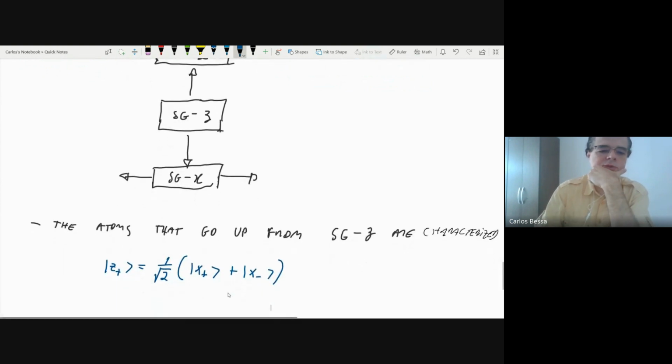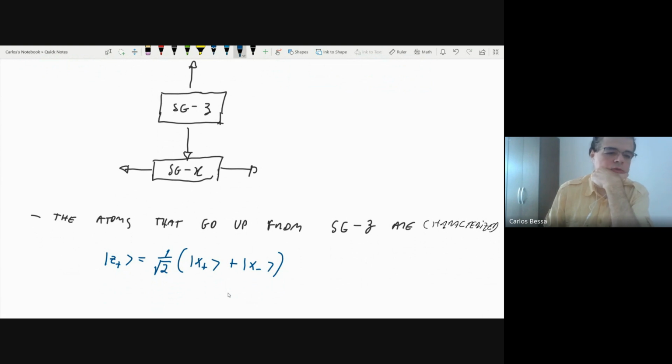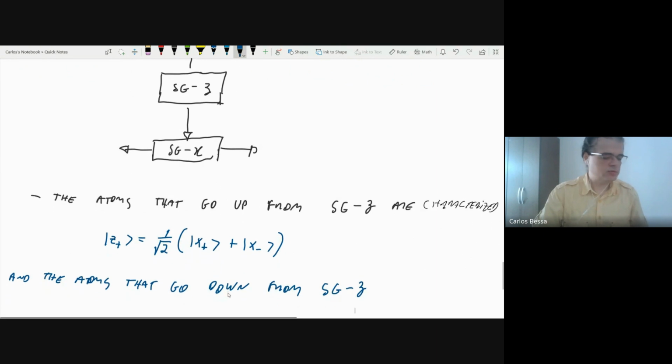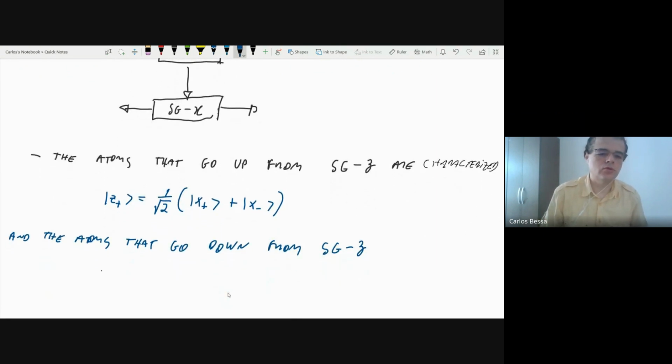And the electrons or atoms that go down from the Stern-Gerlach in the Z direction would be characterized this way: X plus, and here it's just conventional, minus.